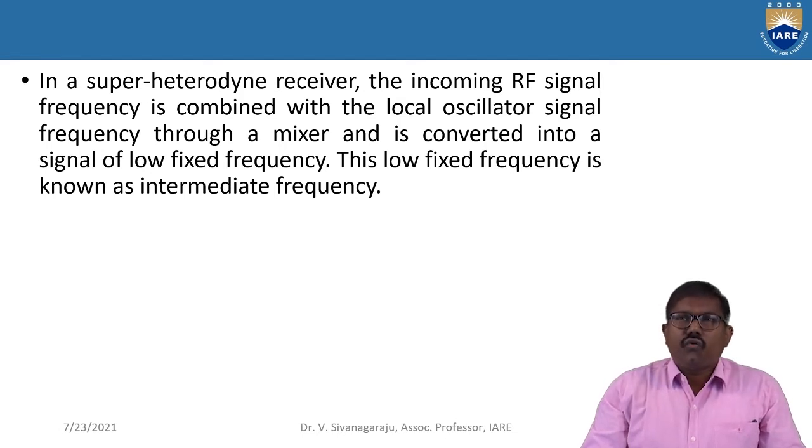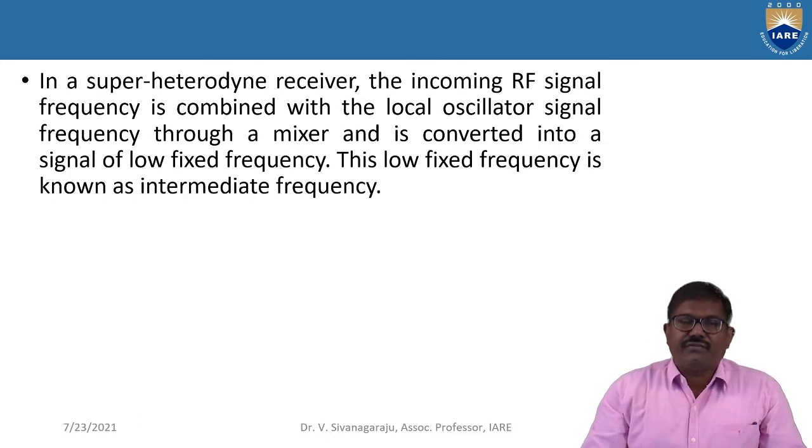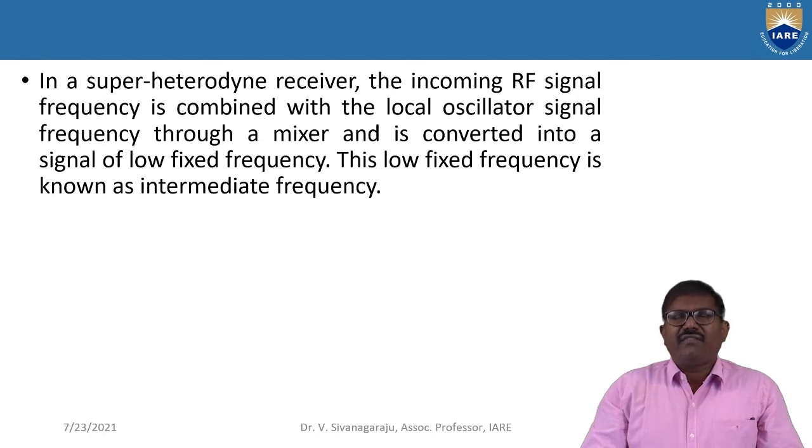This low fixed frequency is known as IF, intermediate frequency. So this is the very important operation done in the super heterodyne receiver, which was missing in TRF. Whereas in TRF, it just selects the signal, amplifies, demodulates and converts back.